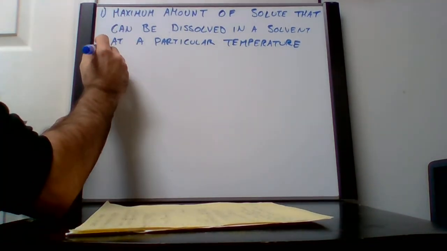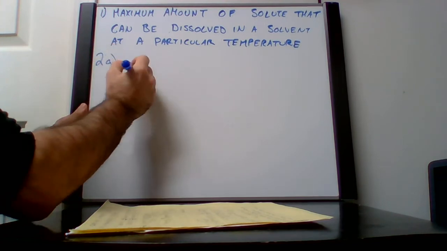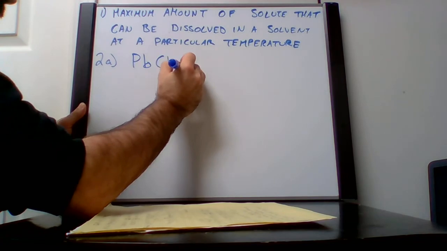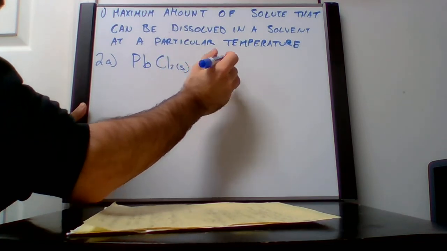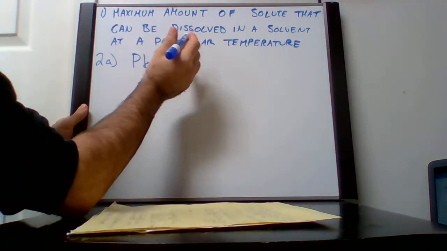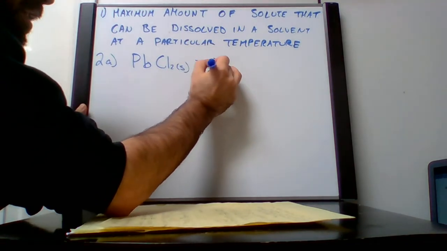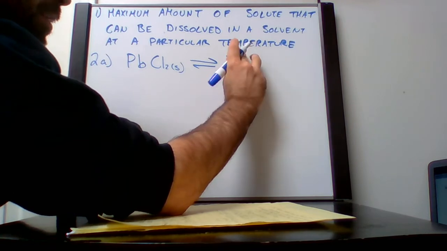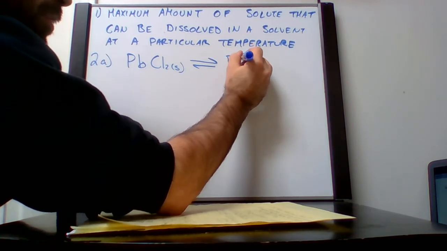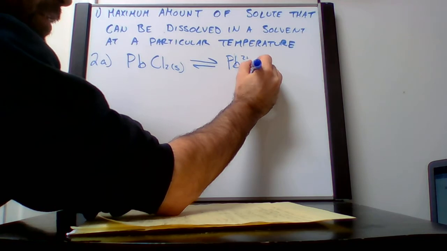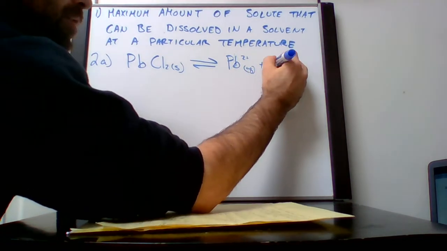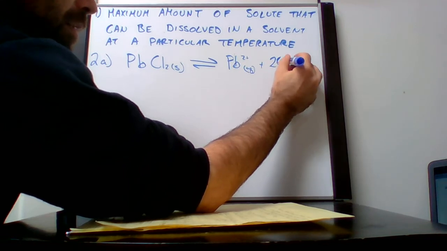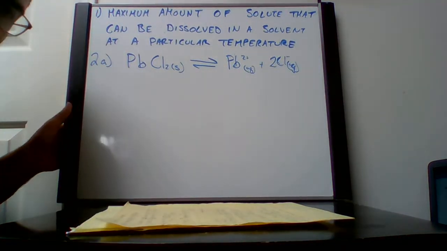So for part 2A, we have our PbCl2 solid in equilibrium with our Pb2+ aqueous and our 2Cl- aqueous.